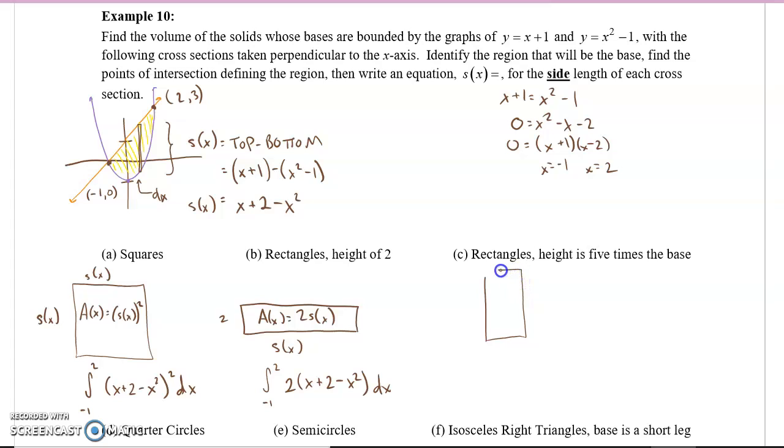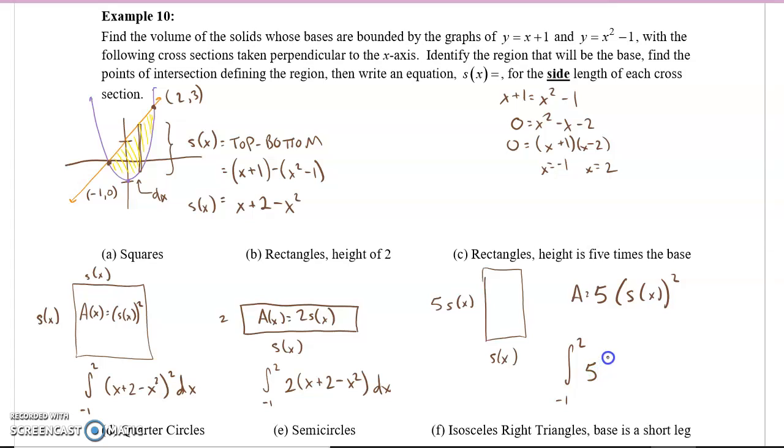All right, this time our rectangle is going to be a base of s and a height of 5 times s. So our area is going to equal base times height, which is going to be 5 times our side length squared, right? 5 s of x times s of x is 5 times s of x squared. So when we integrate this, we'll integrate again from -1 to 2.